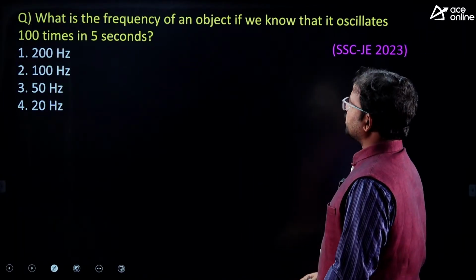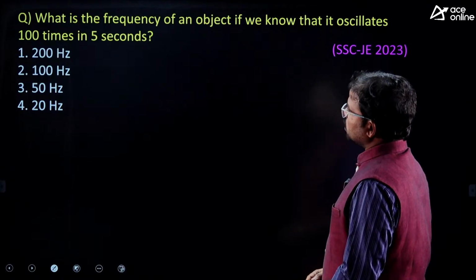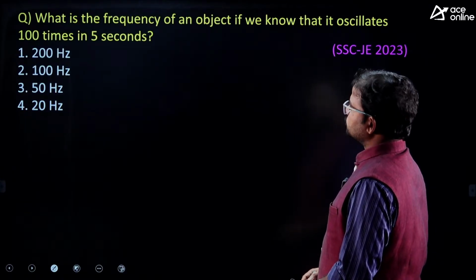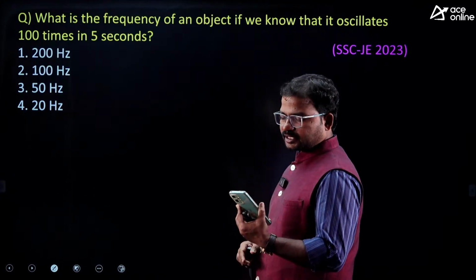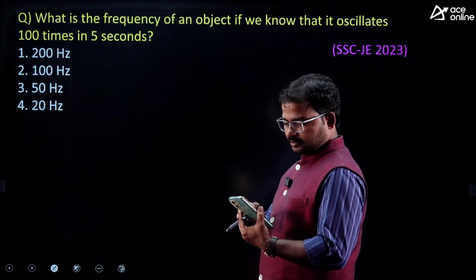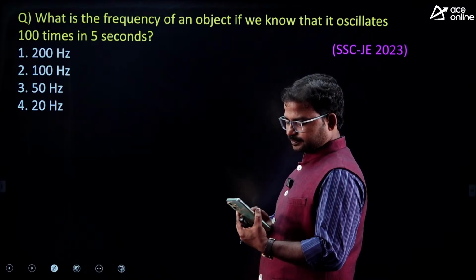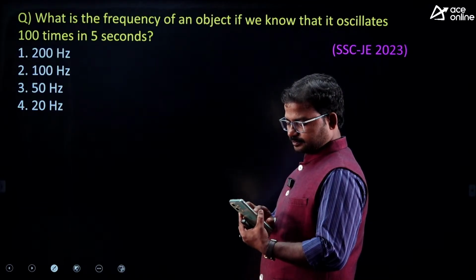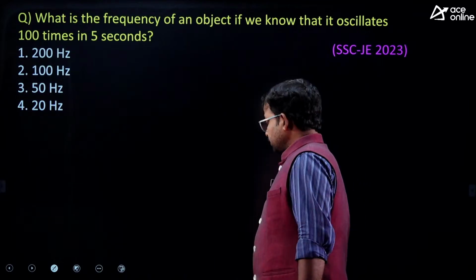What is the frequency of an object if we know that it oscillates 100 times in 5 seconds? Which is the correct option here?